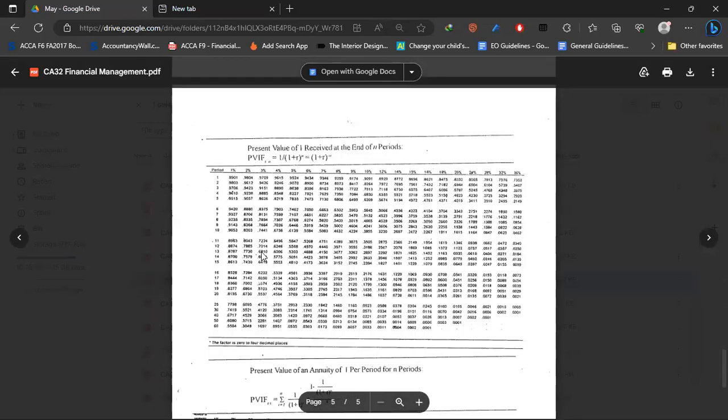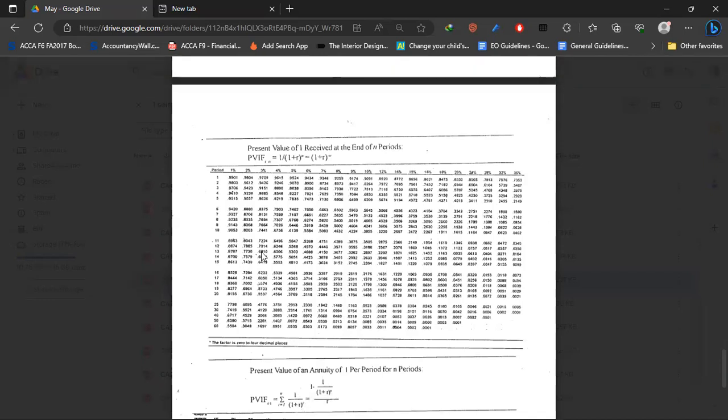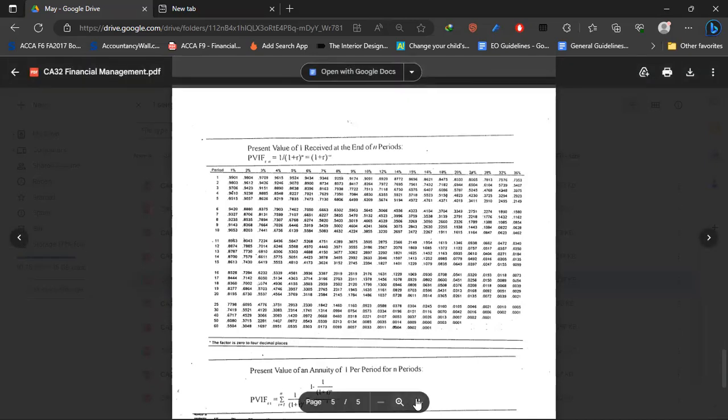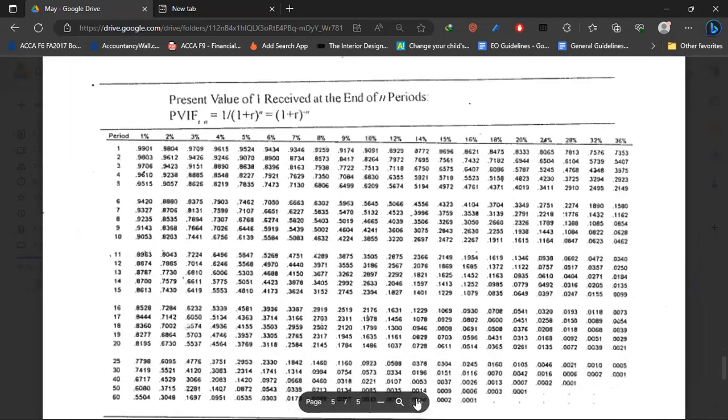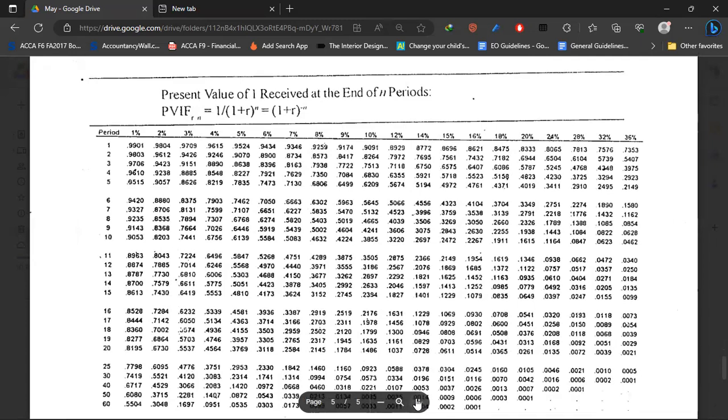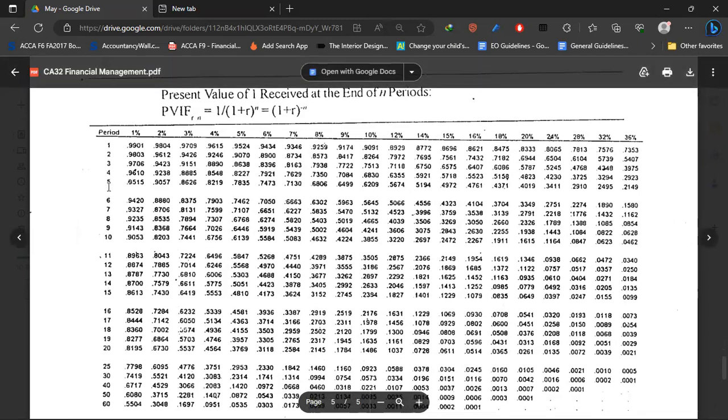So you can see the present value formulas which I've already given, the one on your screen. You can see? So the examiner has already given you that table. The thing I need to do is to check on my period. In our case here, we are talking about 5, which is the number of years.